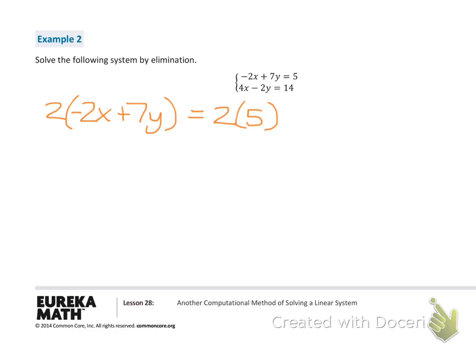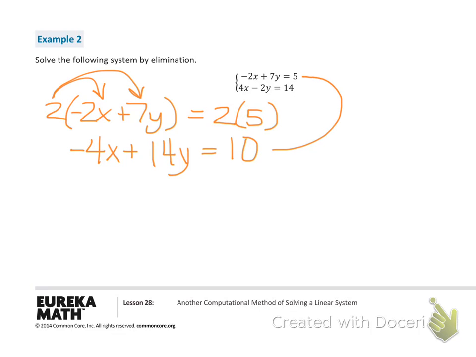So I've just multiplied the first equation by 2, and I know that when I do that, I get the exact same line, right? So this equation becomes negative 4x plus, common mistake here, forget to multiply the second term by 2 as well. So this is going to be plus 14y is equal to 10.